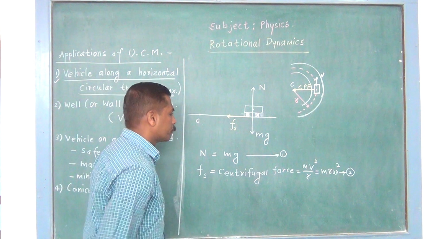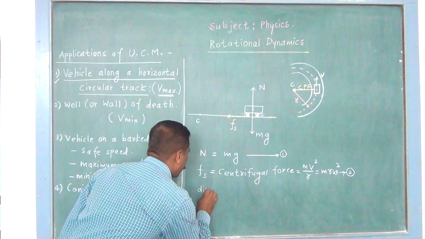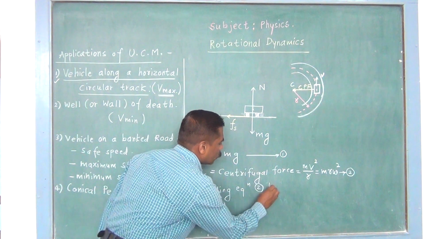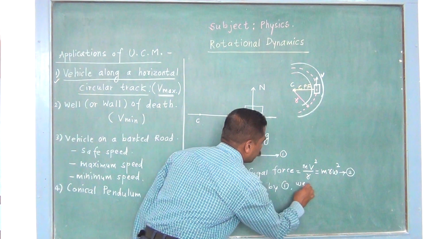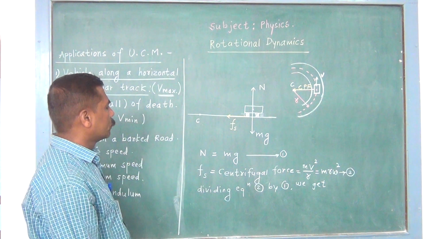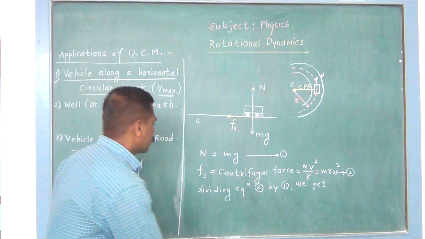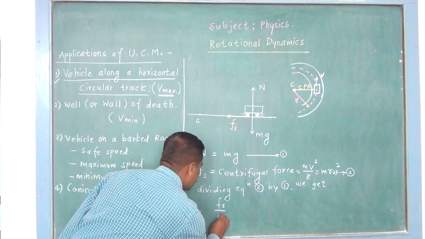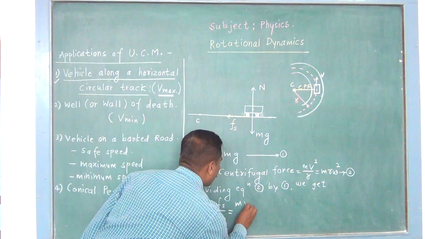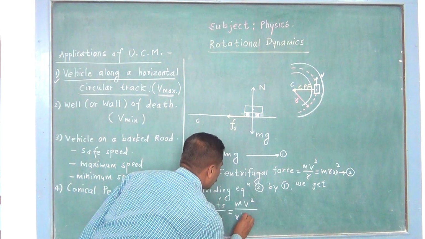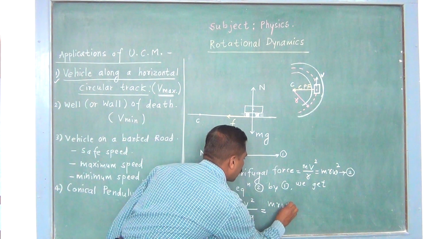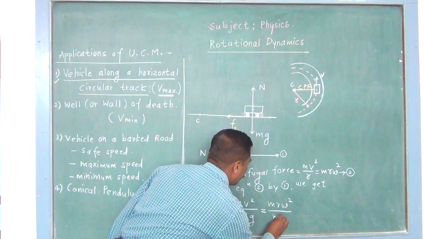So here, dividing equation 2 by equation 1, we get the left hand side of equation 2 divided by the left hand side of equation 1. So you will get Fs divided by N is equal to mv square upon r into mg, which is equal to mr omega square divided by mg.